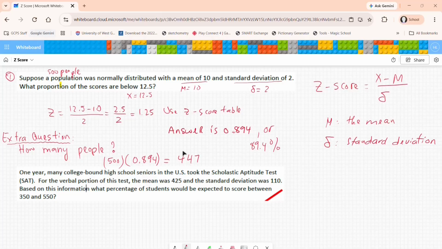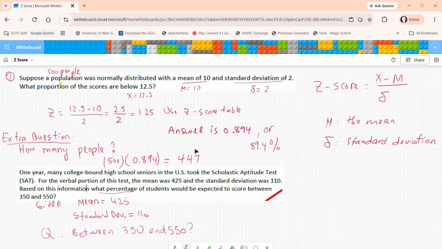Moving on to number 2, let's list out what was given. The mean is 425 and the standard deviation is 110, and they're asking what percentage of the students score between 350 and 550.